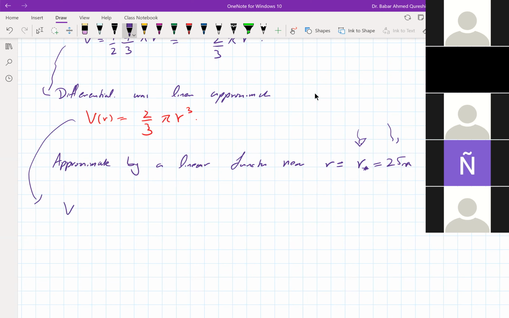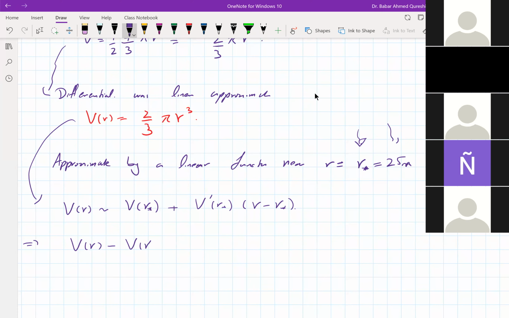So I have V of R equal to V of R evaluated at this special point, plus the derivative evaluated at this special point times R minus R star. This gives me this equation in the notation of differentials.